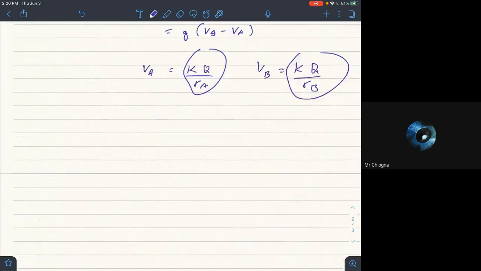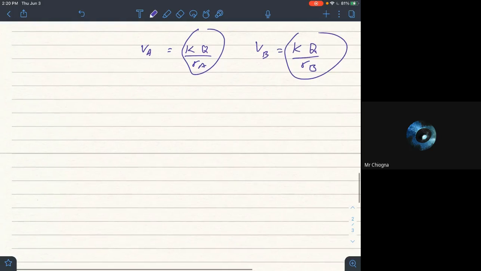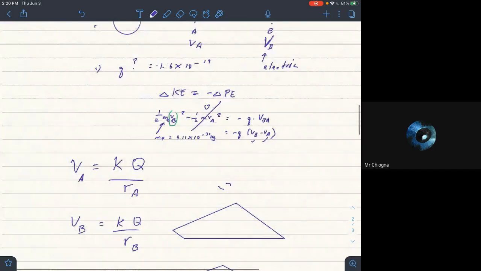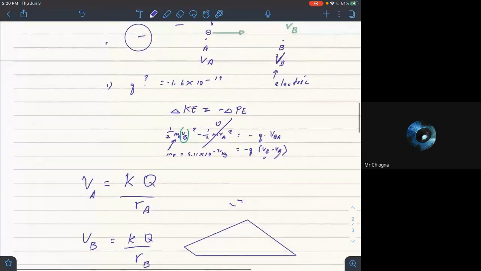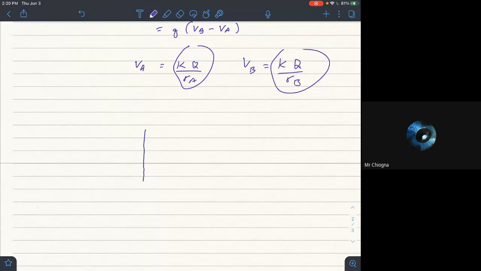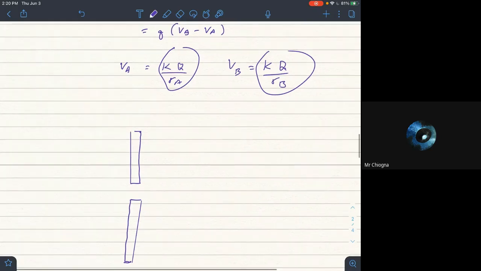And let's look at this situation. I don't know which question this is, I'm losing track. Whatever the question is, let's do another one. These are plates. And you shoot, say, a negative, I like my electrons.